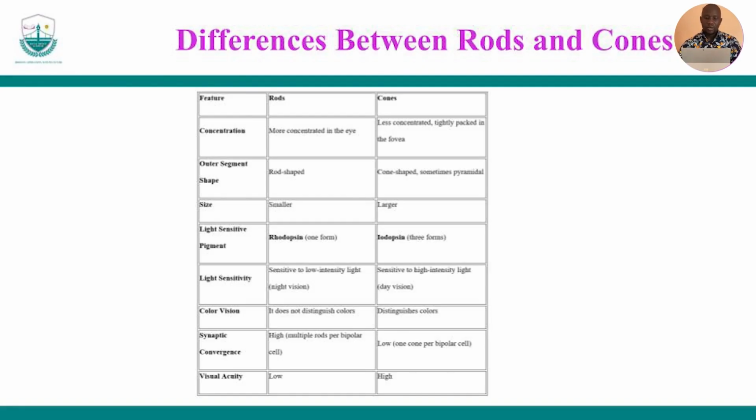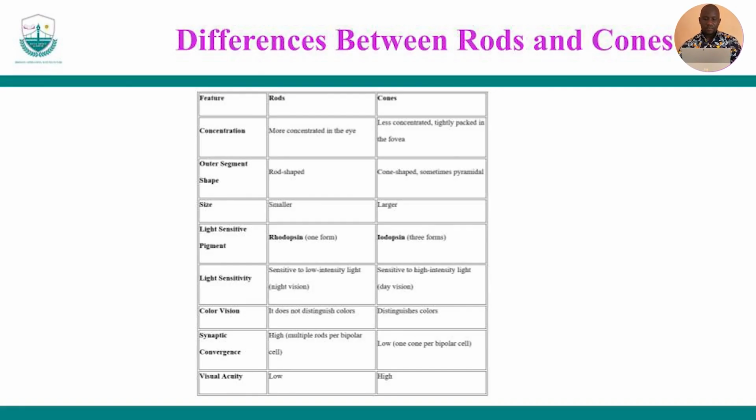The cones are cone-shaped, the rods are rod-shaped, and the cones are larger compared to the rods. And in terms of photosensitive pigment, iodopsin is what we have in cones, and this iodopsin is in 3 forms, and then rhodopsin is only in 1 form in the rods.